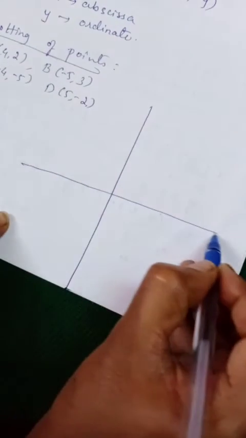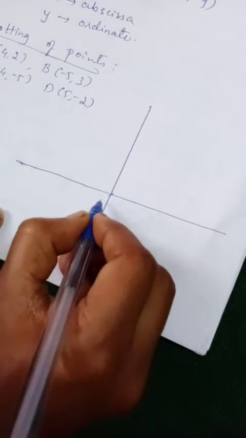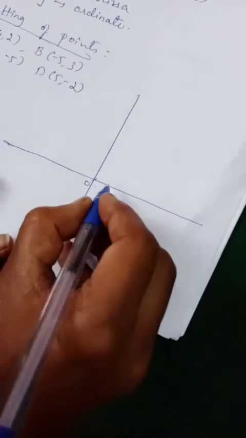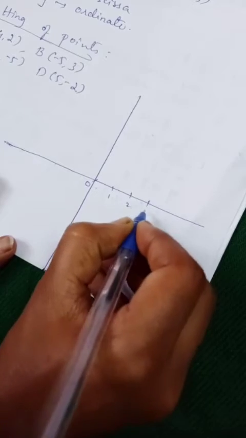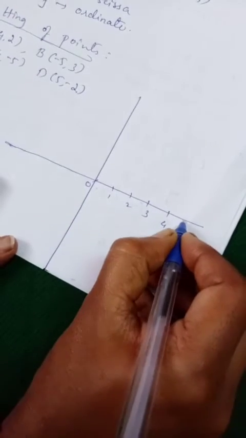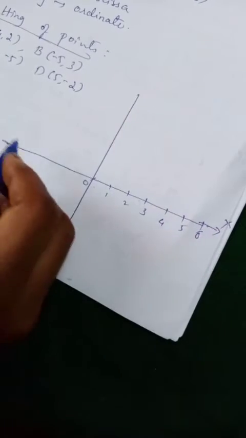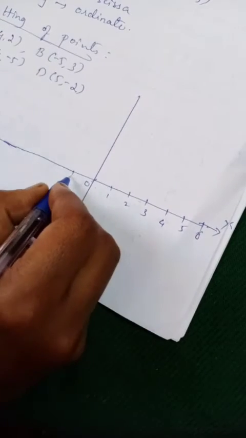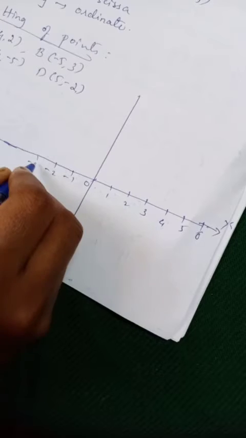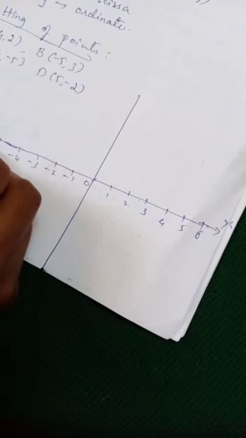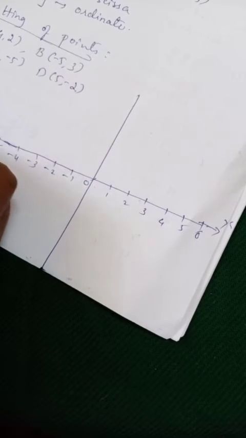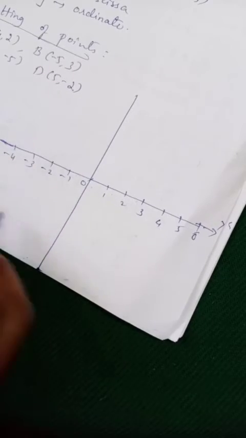the coordinate plane. So start from 0, 1, 2, 3, 4, 5, 6. So this is my x-axis. Minus 1, minus 2, minus 3, minus 4, minus 5, minus 6. This is x dash.